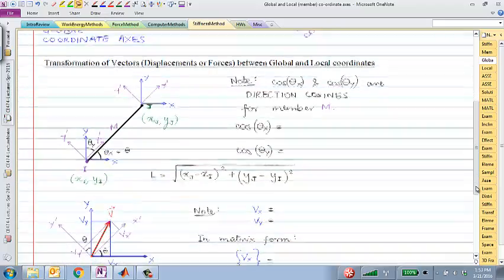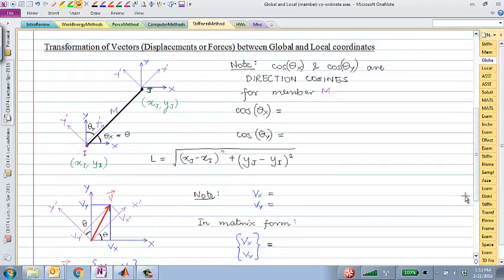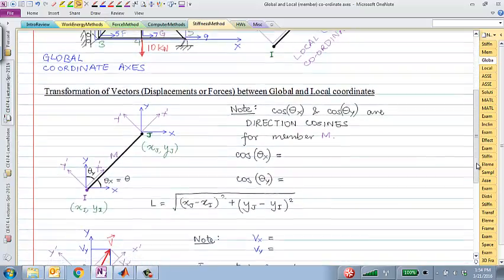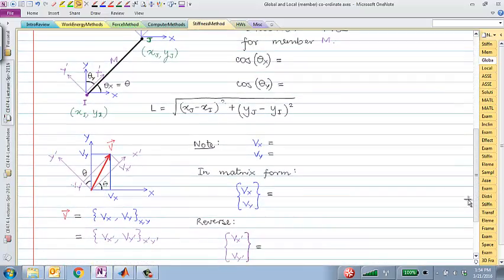So here's another thing that we're going to need. We're going to need to be able to transform vectors, whether it is displacements or forces, between these two coordinate systems. Now the idea is that given some vector v, this vector v that I'm showing you in red, a vector is an abstract quantity.